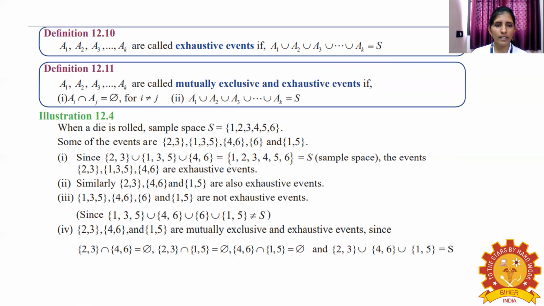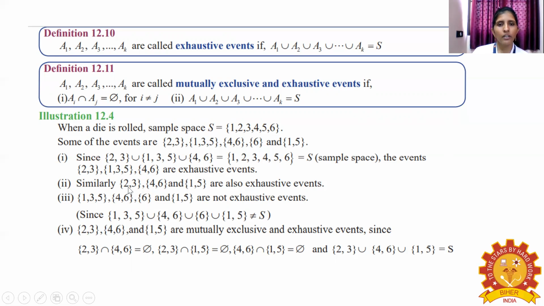Since {2, 3} union {1, 3, 5} union {4, 6} is equal to {1, 2, 3, 4, 5, 6}, the events are exhaustive events. We can see that all the numbers are present here.